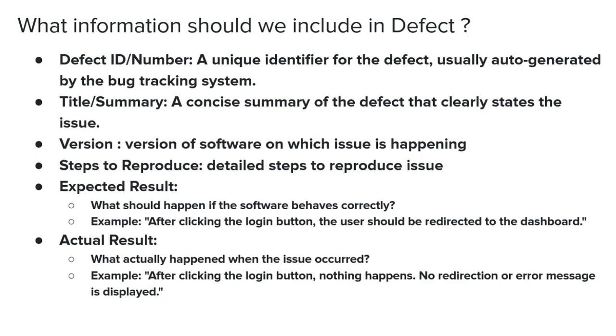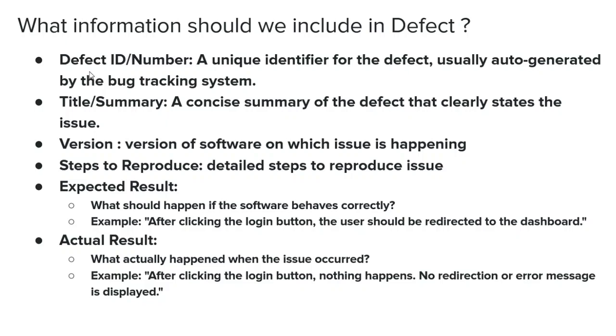And whenever, as a QA, we are logging the issue, what information should we include in the defect? Whenever you are going to report the issue, what type of information do we have to include? These are the different fields which are given in almost all bug tracking tools and project management tools. But we should remember what things we should attach and mention while reporting the bug.